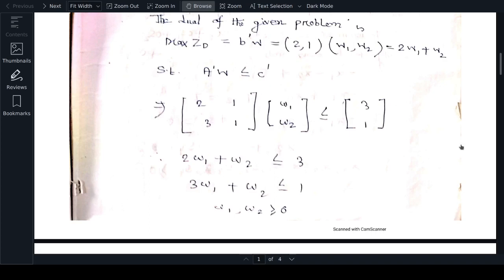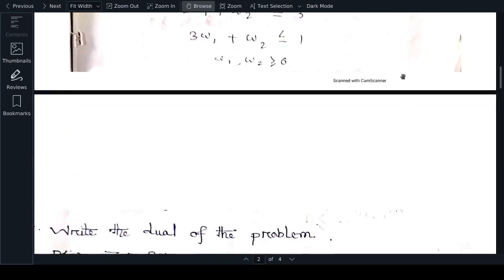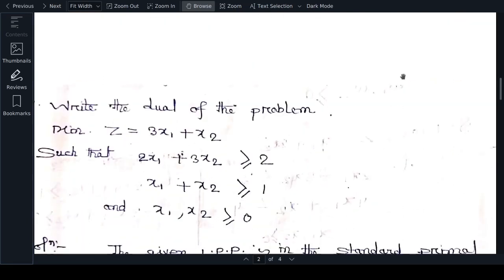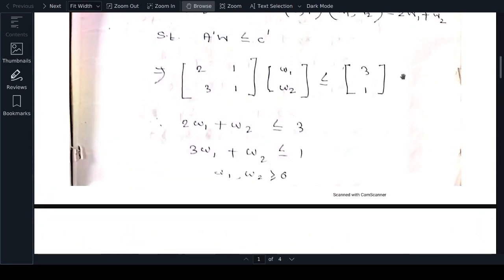Okay. So again you see, the theory portion, the duality introduction. Today I discussed how to write, from one given problem, which is always called the primal, the dual.